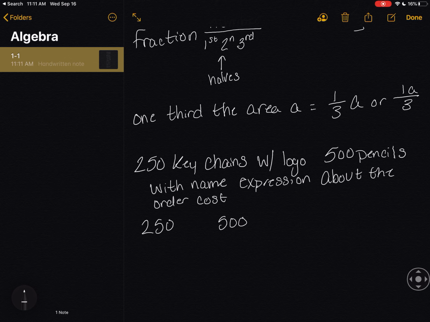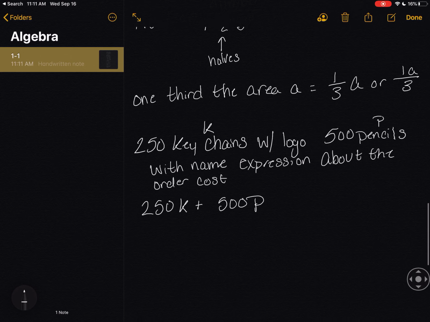If I'm putting things into my Amazon cart and I have 250 keychains in there and 500 pencils, my keychains cost something, and that price is added to the price of my pencils, and those also cost something. I just assigned these K and P. I called my keychains K and my pencils P. You could use whatever variables as long as they are 2 different variables. And that is all that is.